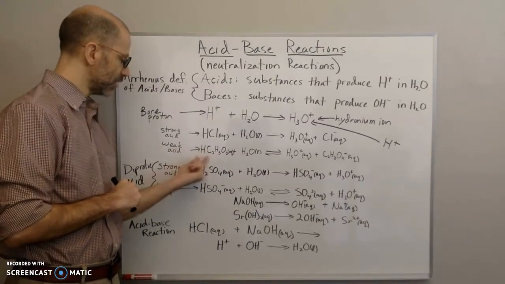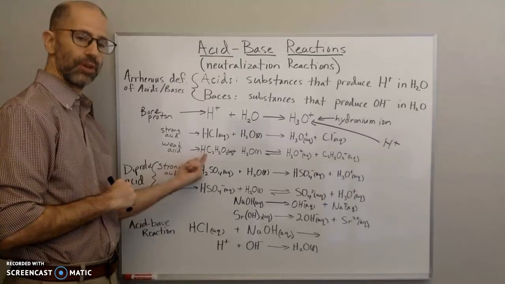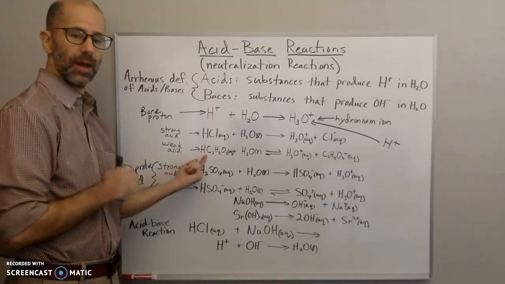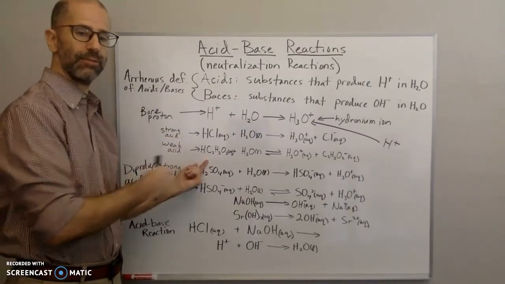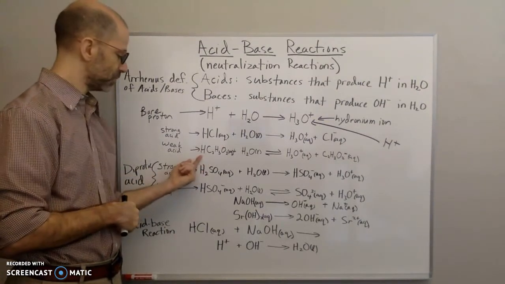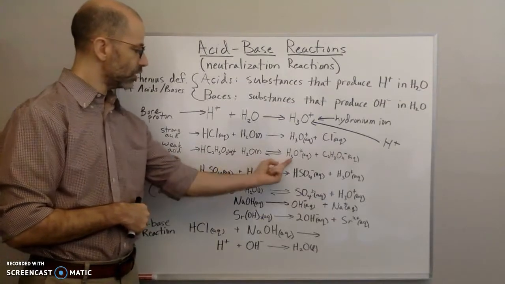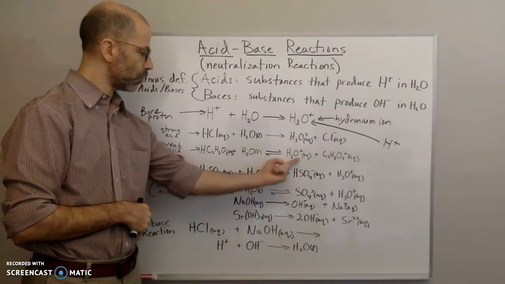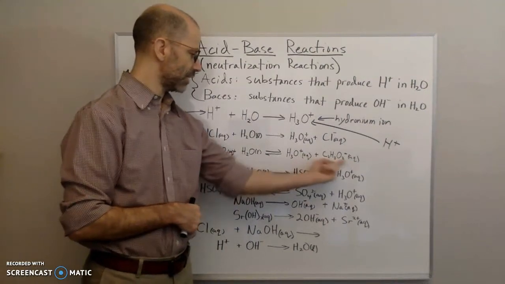This is the acidic hydrogen. The way I know that this is the acidic hydrogen is because it's written first. A lot of times they'll write acids with the H first to identify the acidic hydrogen. This hydrogen is going to come off and join with water to form H3O plus, and then what's left over is your anion, the acetate ion.